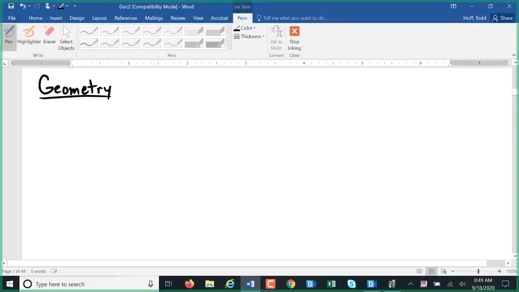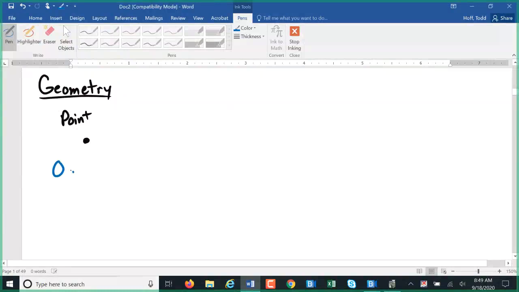Just like we talked about how in arithmetic, everything is built from that concept of a number, and the number having 2 parts, the count and the name. In geometry, everything is built from one concept as well, and that is that thing right there. It's called a point. It is just a location.